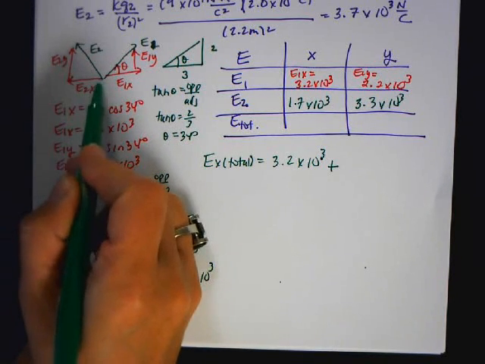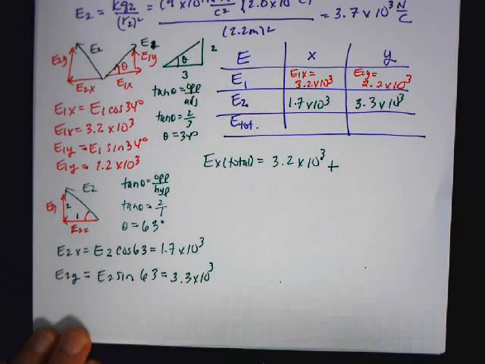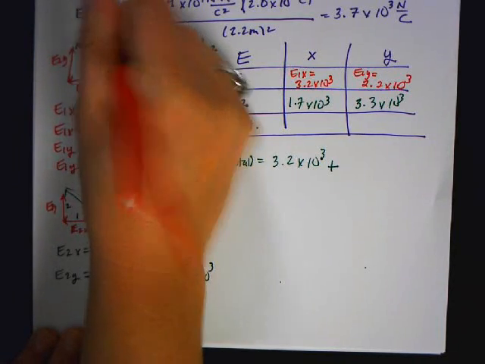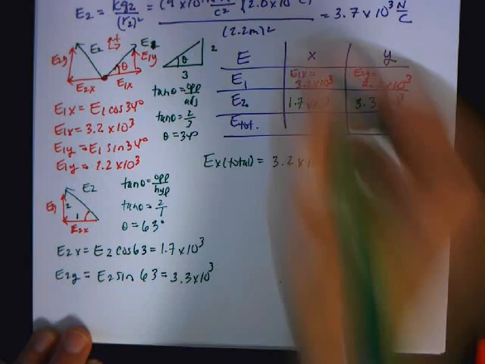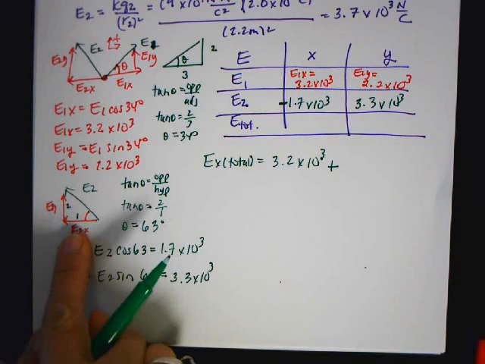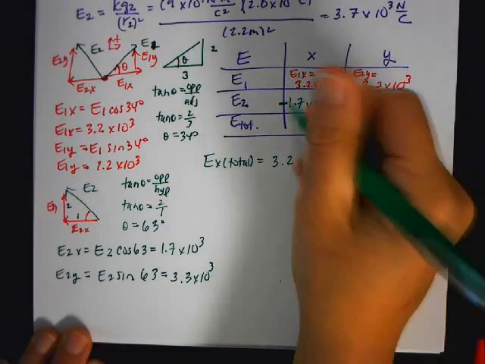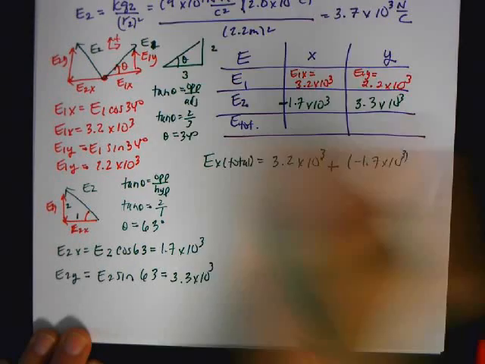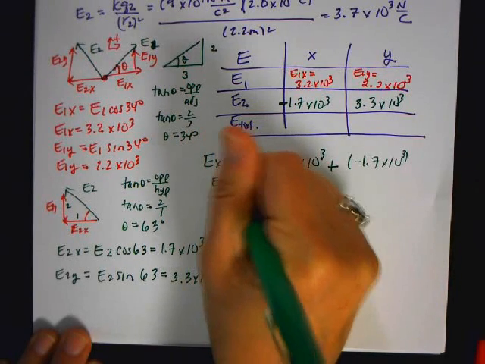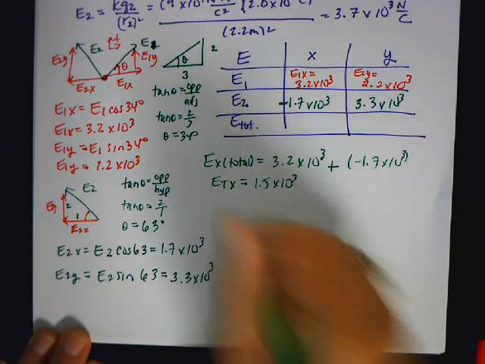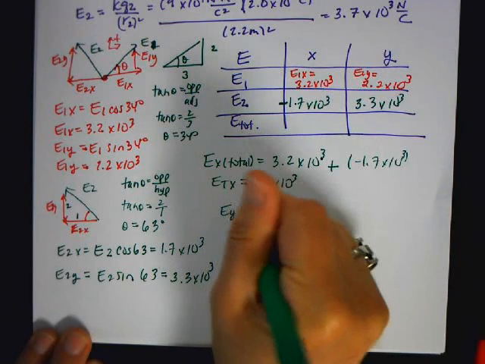According to my sign convention, left is what? Negative. We're still using our same standard Cartesian sign convention. So this is going to be negative, and it makes sense. Look at my picture. See how E2x goes to the left? So when I add this up, negative 1.7 times 10 to the third, E total x is 1.5 times 10 to the 3.